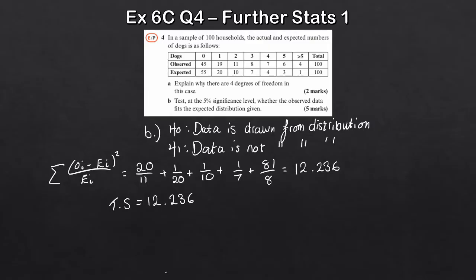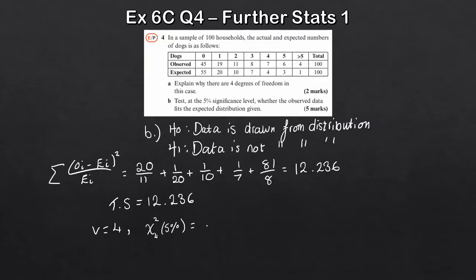So now all we need to do is write down our degrees of freedom, which we've already been given, is 4. So V is 4. So using that at the 5% significance level, we can work out what we need to compare this to. So this is the chi-squared value for 4 degrees of freedom at 5%. What does this give us?